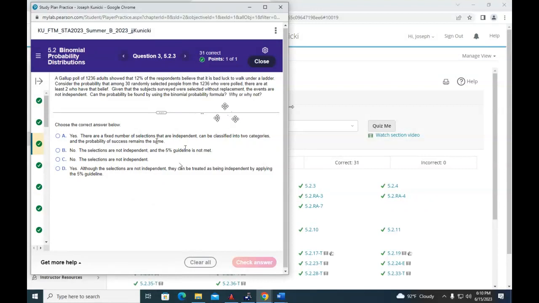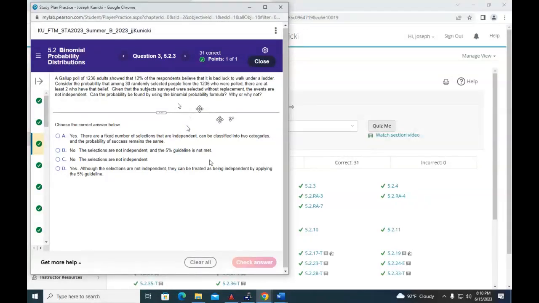Given that the surveys were selected without replacement, the events are not independent. Can the probability be found by using the binomial probability formula? Well, no, because they're not independent. However, is 30 less than 5% of 1236? Yes.